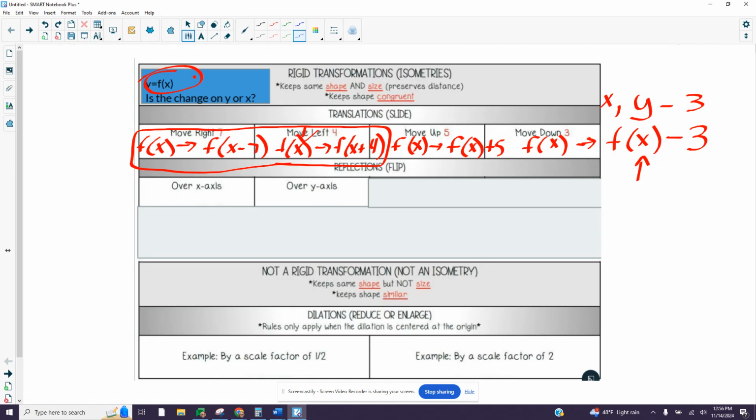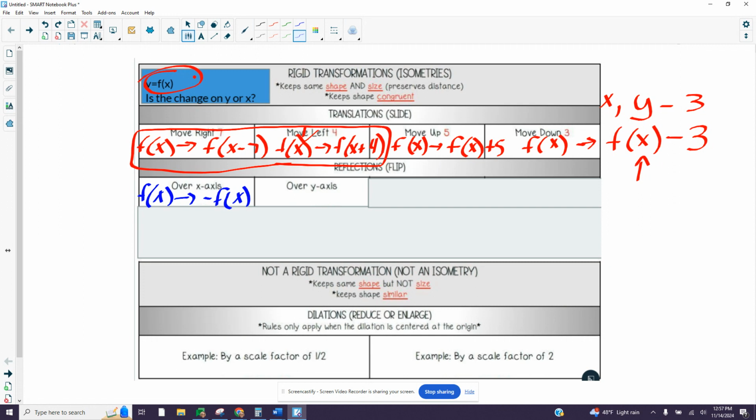So again, our f of x, our y values are changing. So now what happens? If the y values are going to be opposite, that means it's going to be the opposite of the function now, because our x values didn't change. When you're reflecting over the x-axis, your x values stay the same, but your y values are opposite.